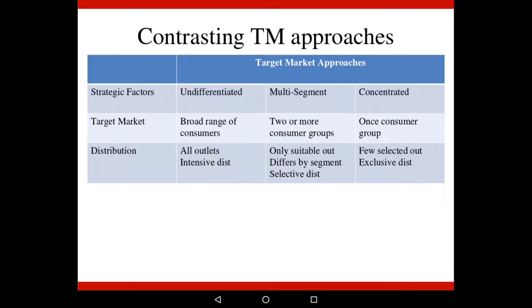When you do multi-segment targeting, you'll only put your product in certain centers. You will use what's called selective distribution. And with concentrated, you're only going to choose one or two, maybe only one place to put your product. Like Porsche only has one shop in the whole of probably the Western Cape, or maybe in Cape Town, where they sell their products. They don't put their cars everywhere, but Toyota has cars all over the place, don't they?